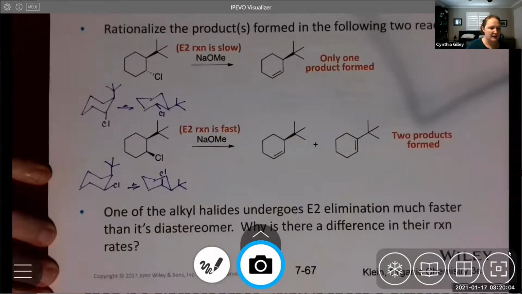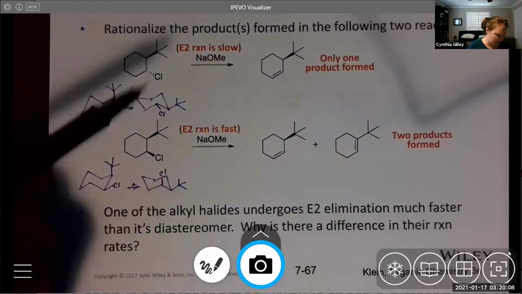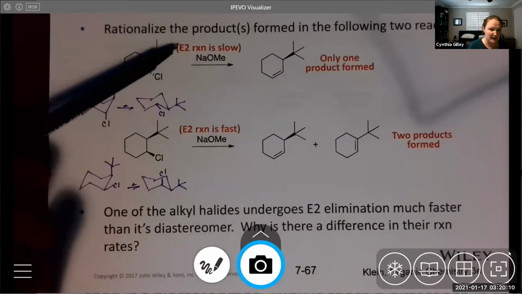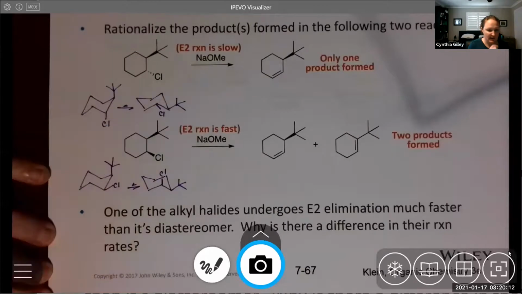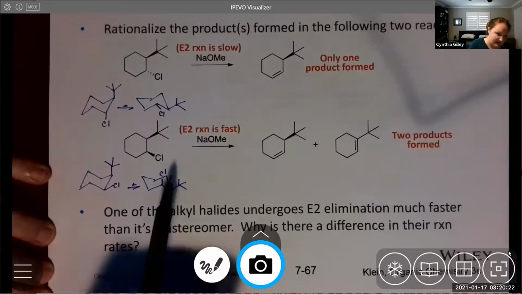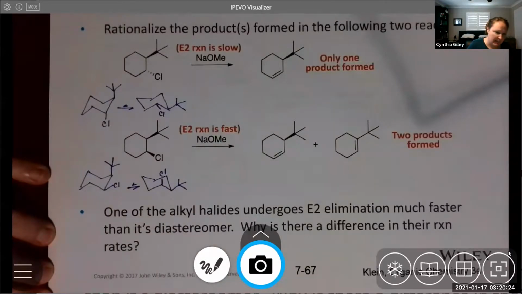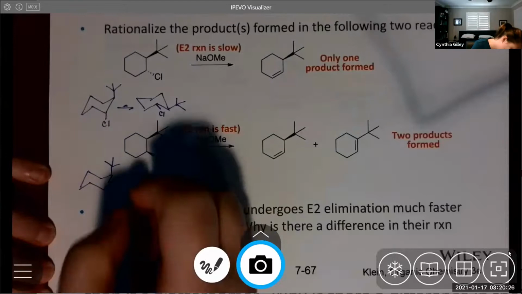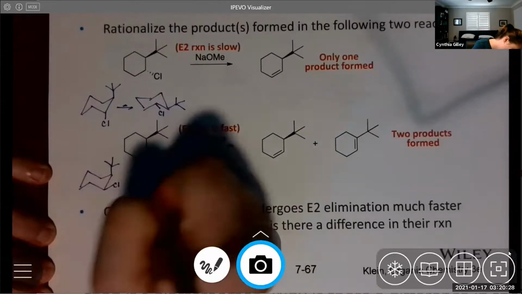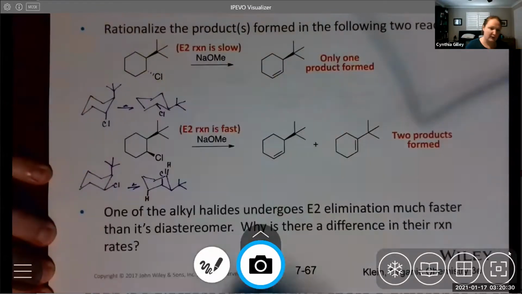Okay, so let's think about this then. We're going to be able to explain now why this E2 reaction is slow and this E2 reaction is fast. Remember I said we still need the anti-periplanar or anti-coplanar transition state. And the only way to get that is when the chlorine is in an axial position, because we're going to have hydrogens here and here that are anti to chlorine.